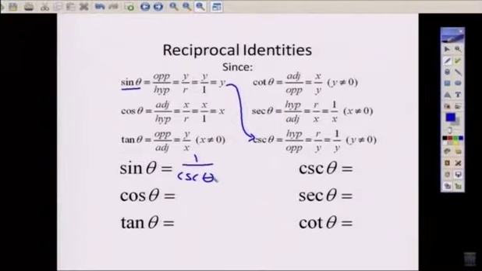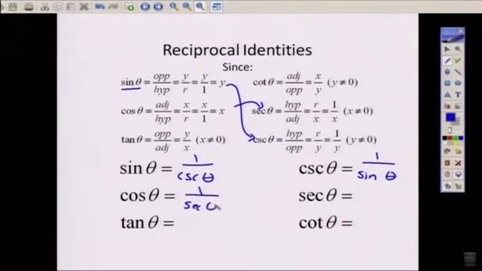The next one, then, since sine is the reciprocal of cosecant, cosecant's also the reciprocal of sine, so we can do both of the reciprocal identities. Also, cosine, adjacent over hypotenuse, is the reciprocal of secant, and secant's a reciprocal of cosine.